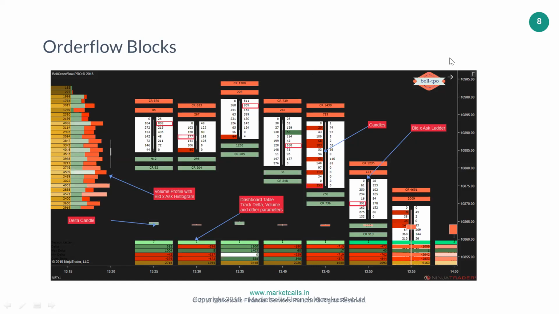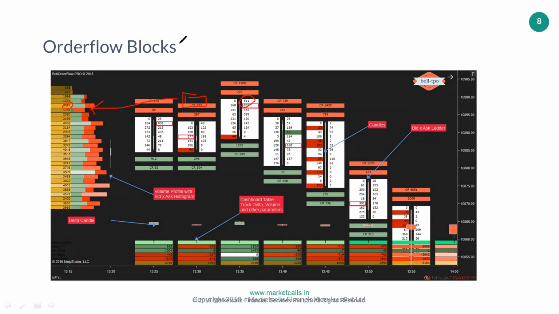Let's say here is a 511 quantity, and another 100 is over here, another 100 over here. All those blocks get summed up and represented here. That means at this particular price, a total volume of 3,019 lots has been traded.